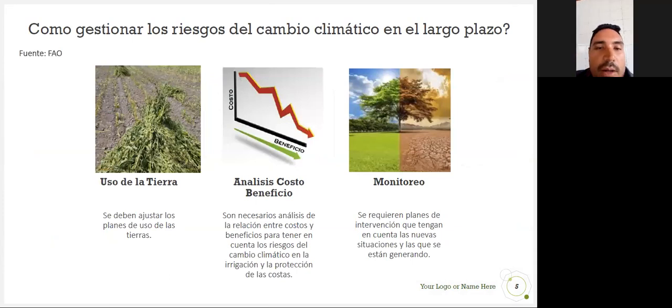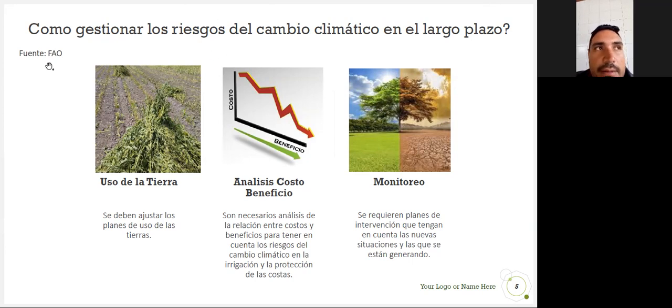And how do farmers manage the risks of climate change in the long term? Well, with land use, benefit cost analysis, and monitoring, because we need data. We need data to make better decisions for the farmers.